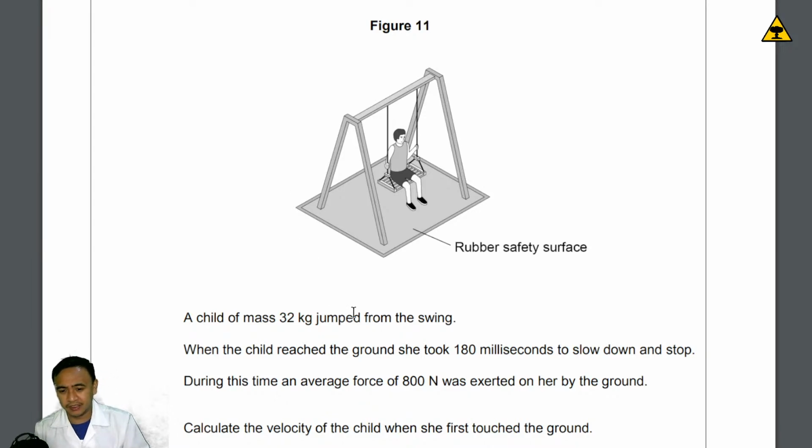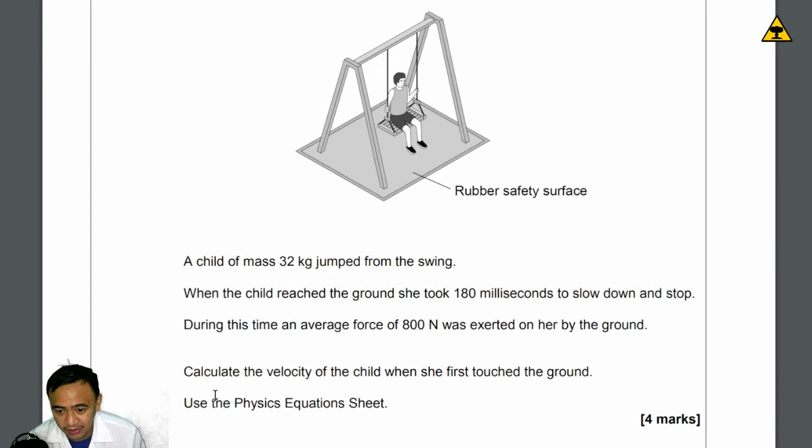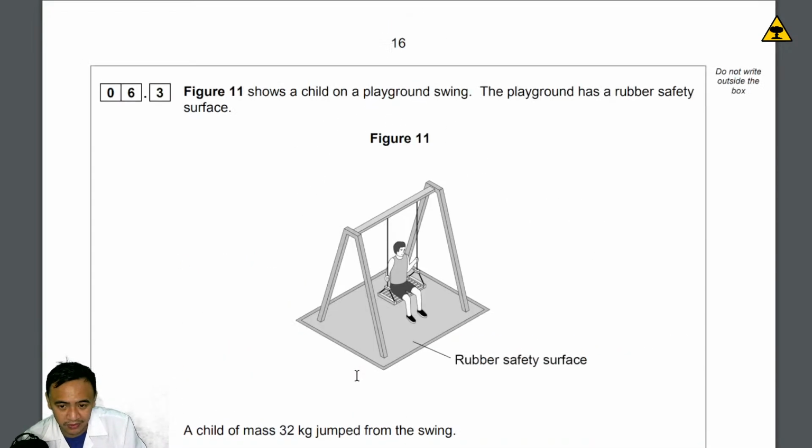When the child reaches the ground, she took 180 milliseconds to slow down and stop. During this time, an average force of 800 newtons was exerted on the ground. Calculate the velocity of the child when she first touched the ground. This is a 4-mark question. So I'll put this in here on the Jamboard.